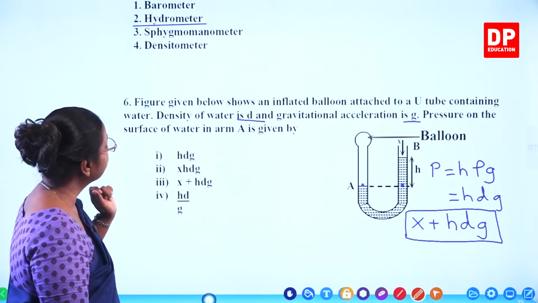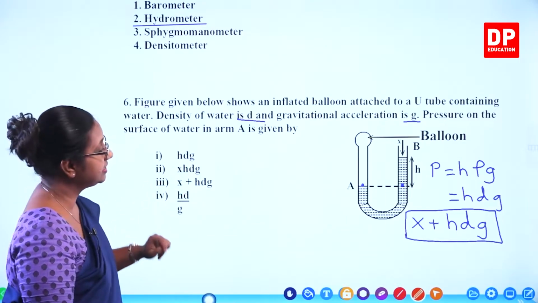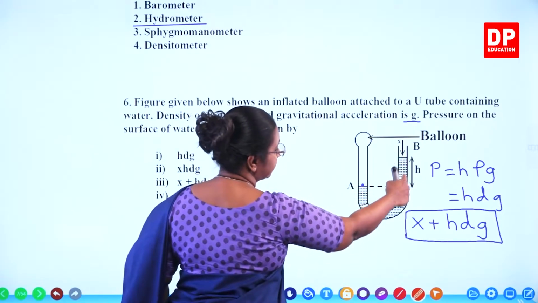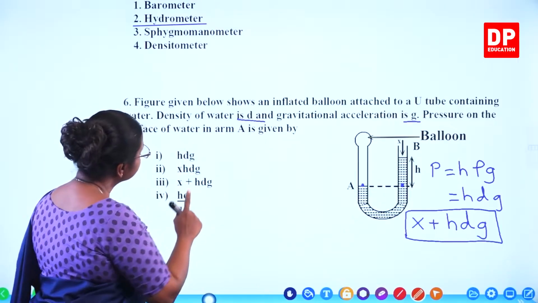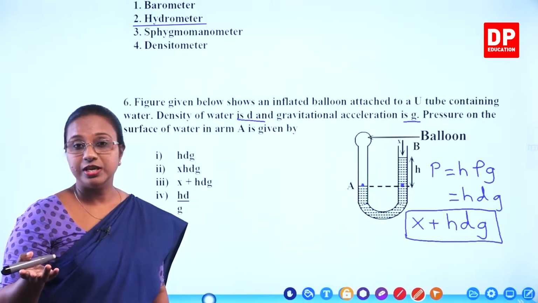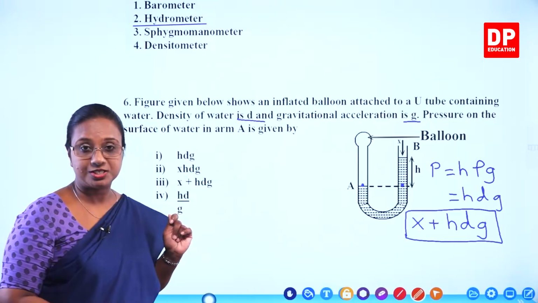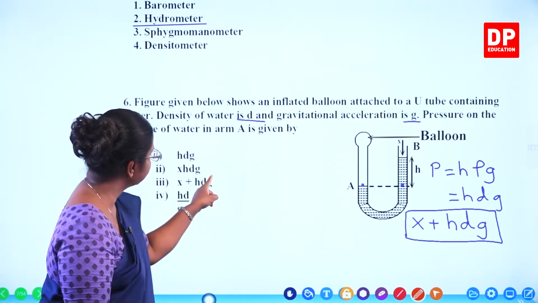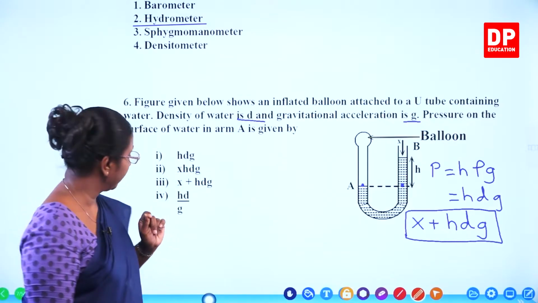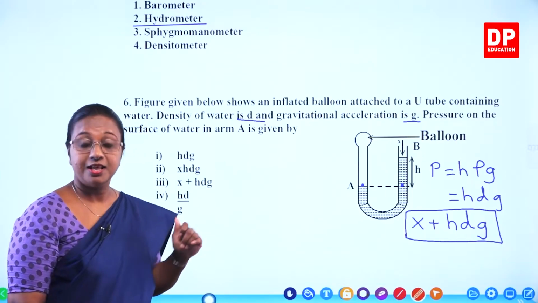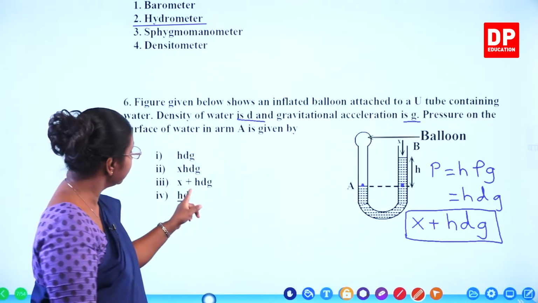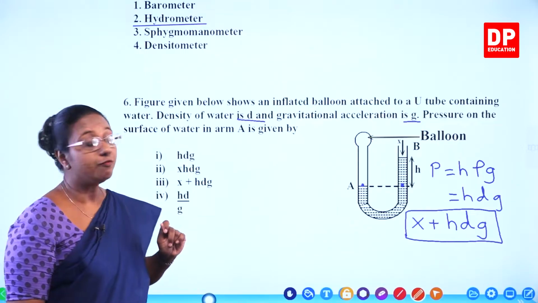So, if we look at the answers, HdG. HdG is the pressure exerted by this water column only. X in HdG, there is no equation like that related to pressure here. We don't multiply HdG by the atmospheric pressure. Then the third one, X plus HdG, that is correct. Atmospheric pressure plus the pressure exerted by the water column.